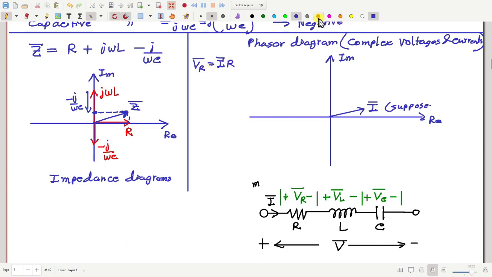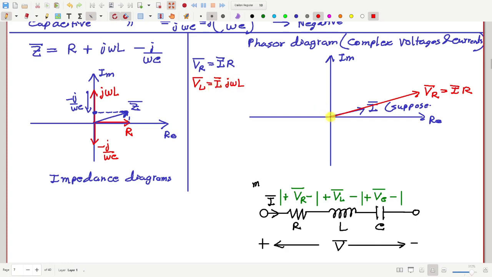So maybe it will be here, VR bar, which is equal to I times R. Then VL bar is equal to I times j omega L. We are multiplying I with j, which will rotate this vector by 90 degrees counterclockwise, right?